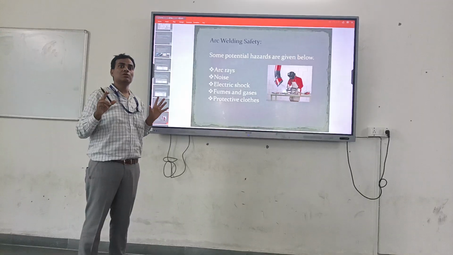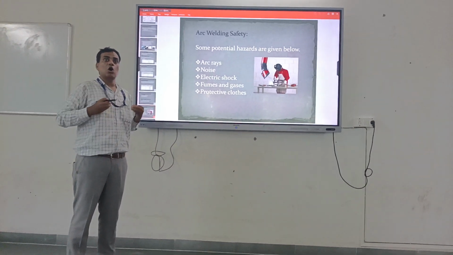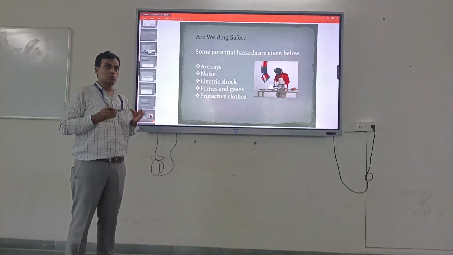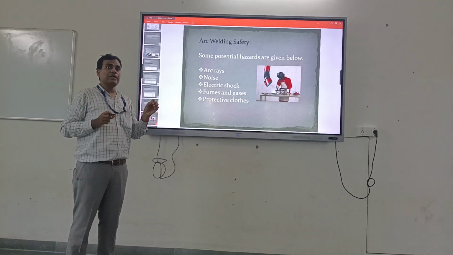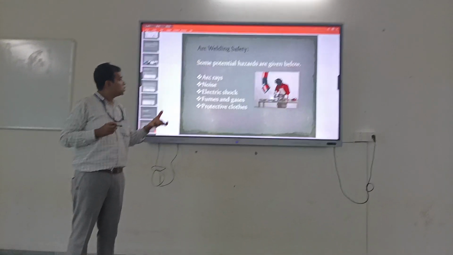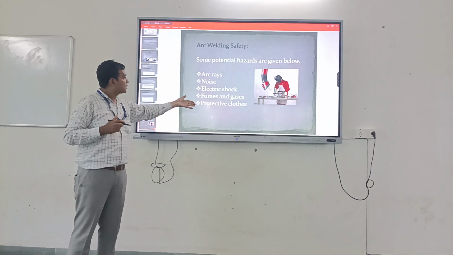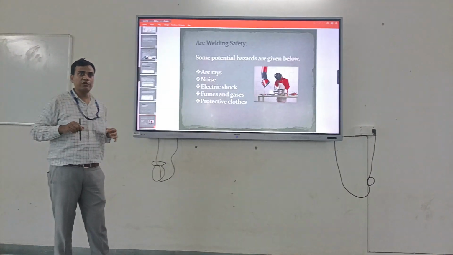So we have to wear proper dress or uniform during the welding process. We use the gloves properly and without any damage. So we could use all these things and protective cloth, meaning the proper uniform we have to wear.